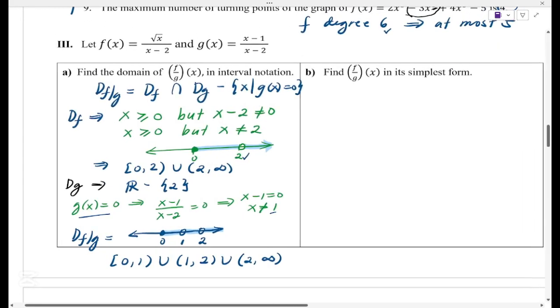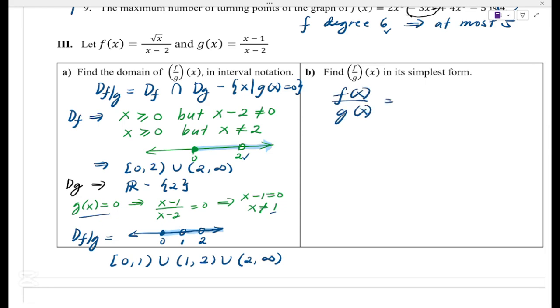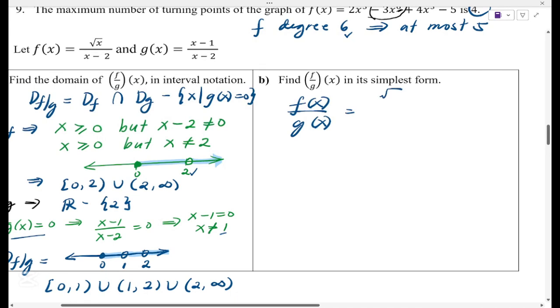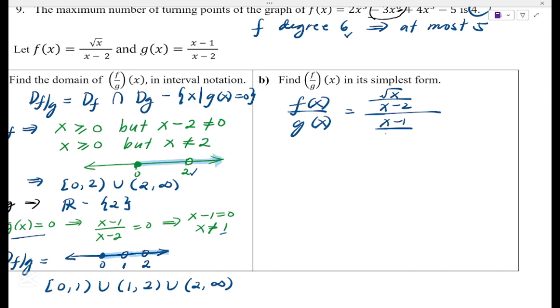Then for letter B, let us find f of x divided by g of x. F of x is the square root of x over x minus 2, and g of x is x minus 1 over x minus 2. So we have a fraction divided by a fraction, so we change the operation to multiplication, multiplying by the reciprocal of the denominator, which is x minus 2 over x minus 1.